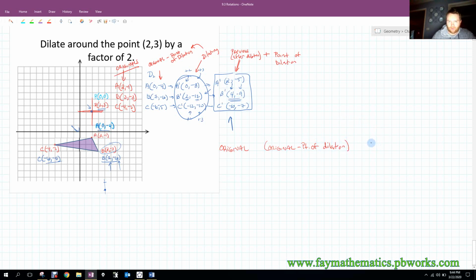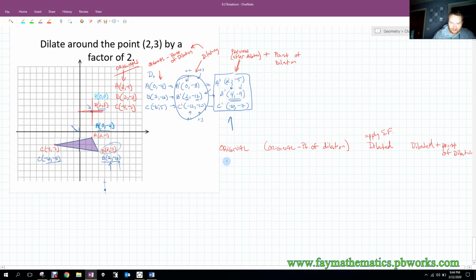This column will be the dilated, which is when we're actually going to apply the scale factor. And this last one will be the dilated plus the point of dilation, so it's adding back in what we subtracted right here.